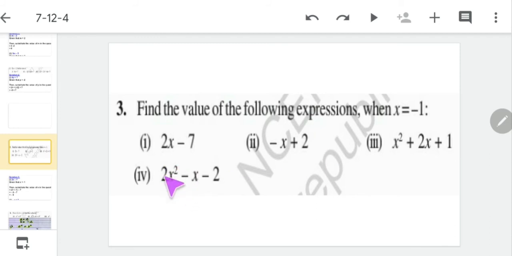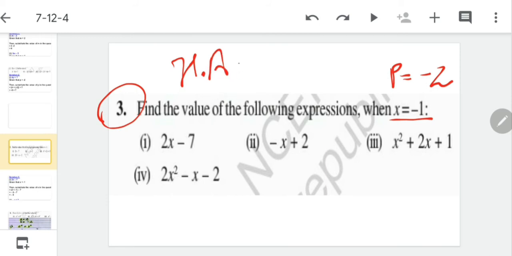We have almost 2 power, not more than 2 power, so it will be very easy for you. And we already discussed a minus value in our second part, in which p equals -2. So I hope this third question you can do yourself. This is your home assignment for today. Now let's move on to the next question.